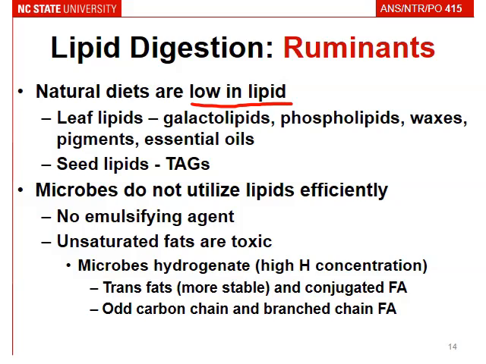These leaf lipids have very few triglycerides. Now, the triglycerides are mainly in the seeds, and that's because the seeds, when they germinate, are going to need access to those triglycerides for energy. So our triglycerides are coming from our seeds, our corn, soybean meal, etc.